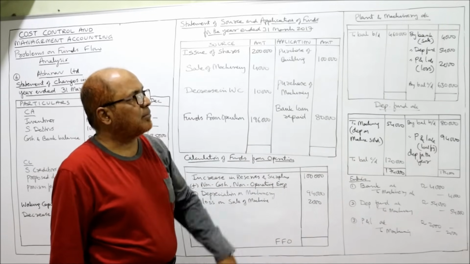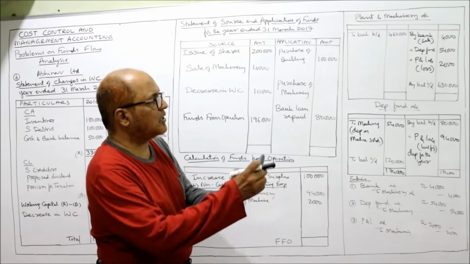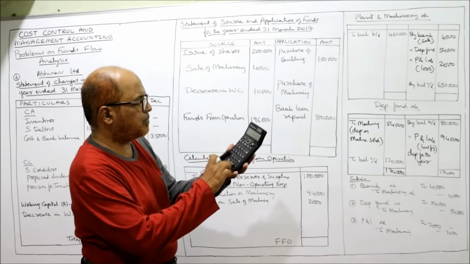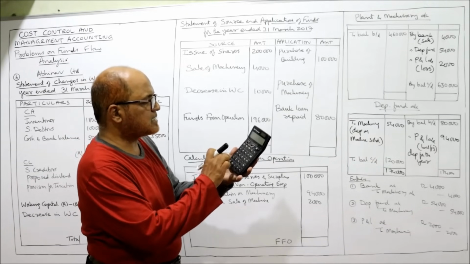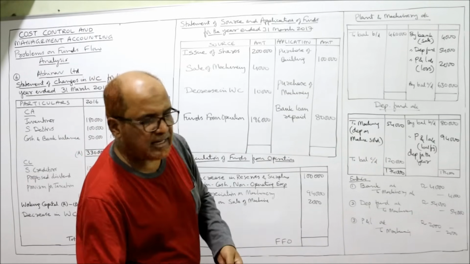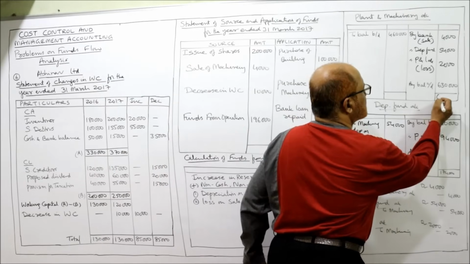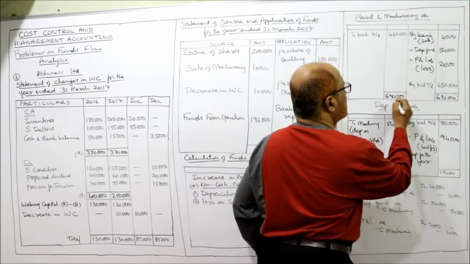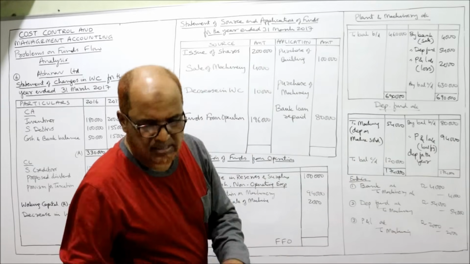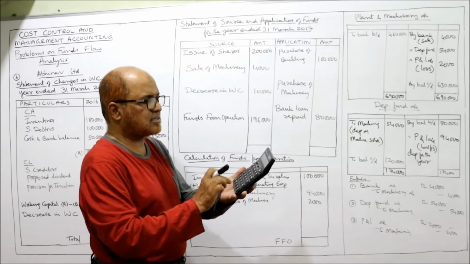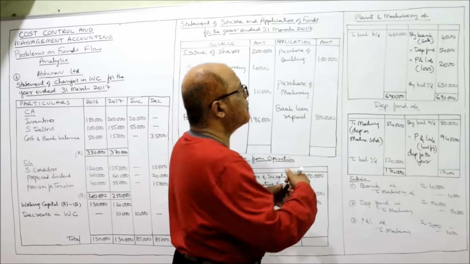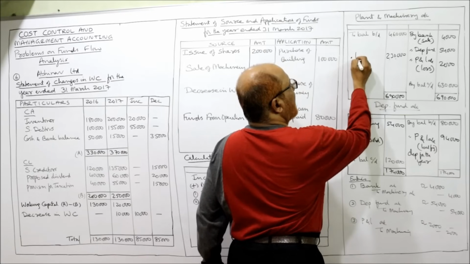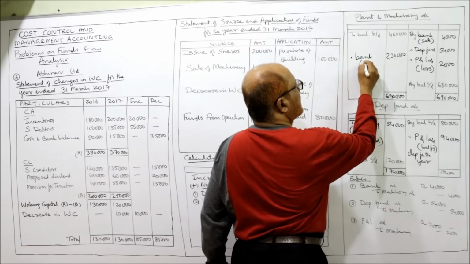Now we'll come to the plant and machinery account. Credit side, you can see the total 4,000 plus 54,000 plus 2,000 plus 6,30,000. 6,90,000 is the total. Here also I am taking 6,90,000. Minus 4,60,000. 2,30,000 is the balance. 2,30,000 to bank, balancing figure.